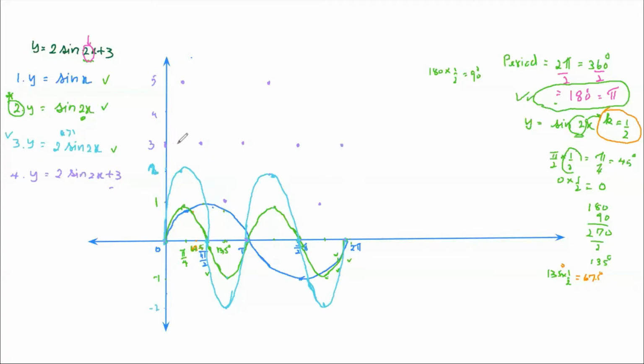Now we draw the graph, draw the points. Hopefully it should be okay. Now you plot the graph up here, down, up here, and down here.